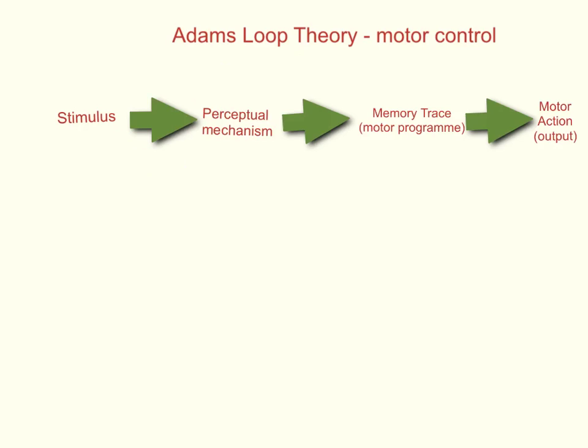Now, there's three stages to this. The first one is level 1, and that is known as the open loop. Now, what Adams proposes is that we have pre-planned movements or a memory trace.